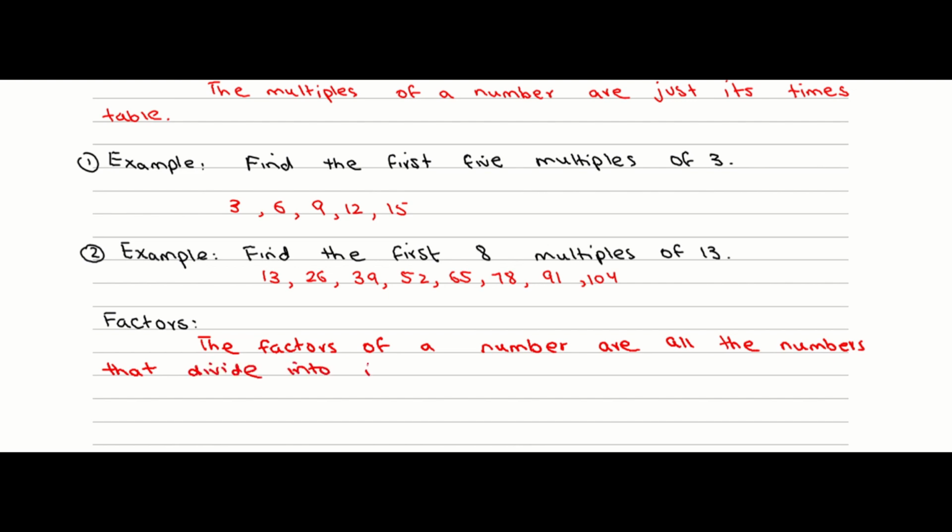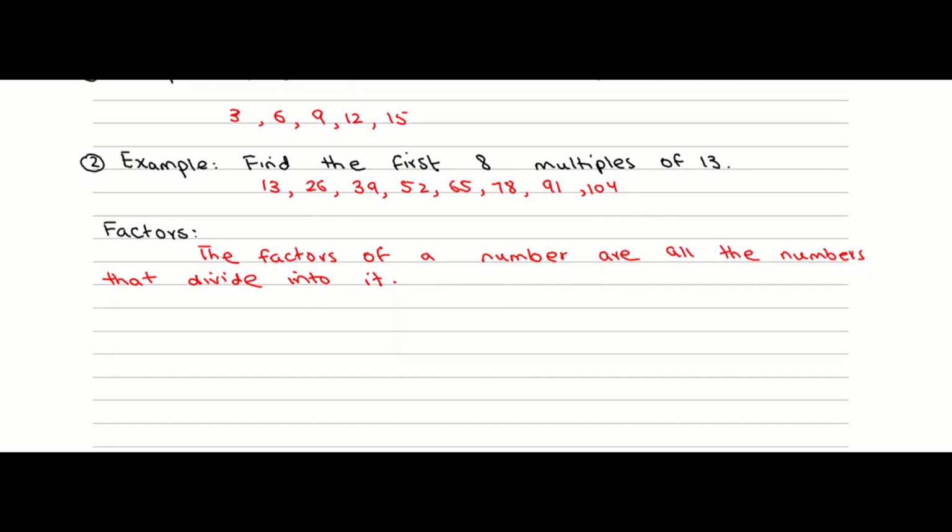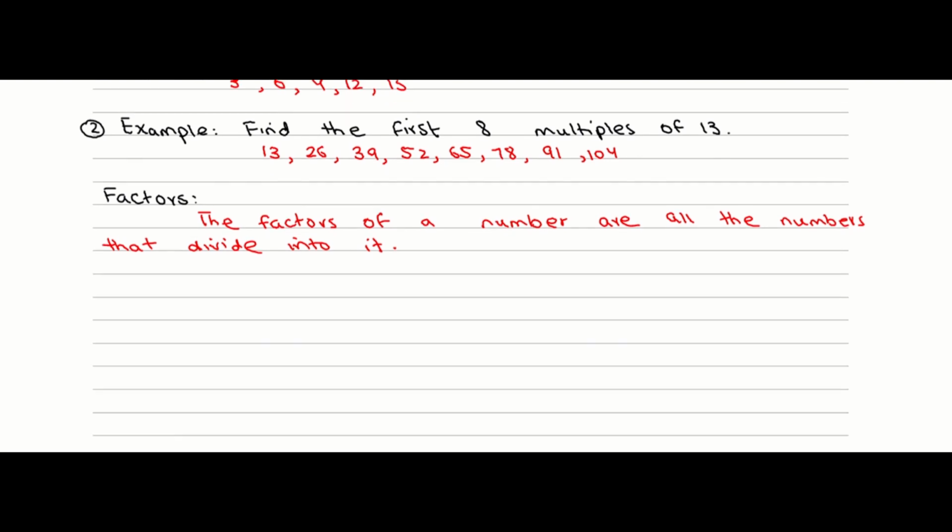It means when we divide that number by the factors, we get a whole number. Let's discuss it with some examples.